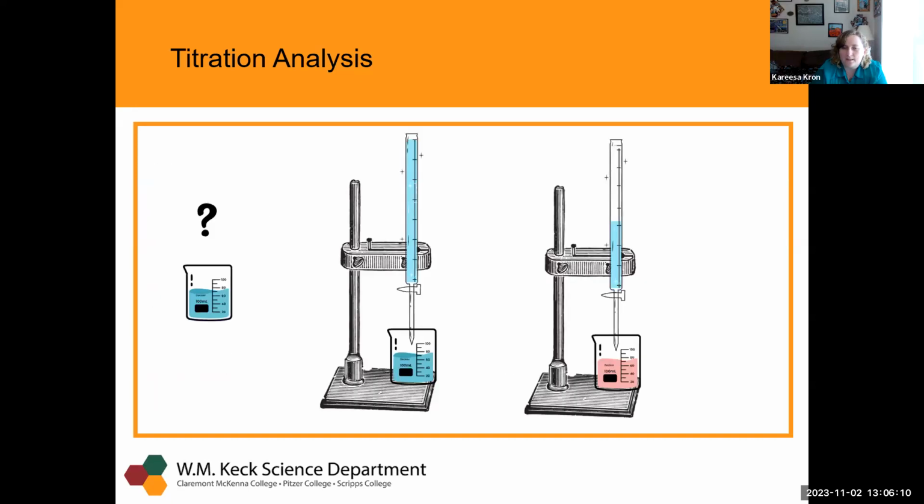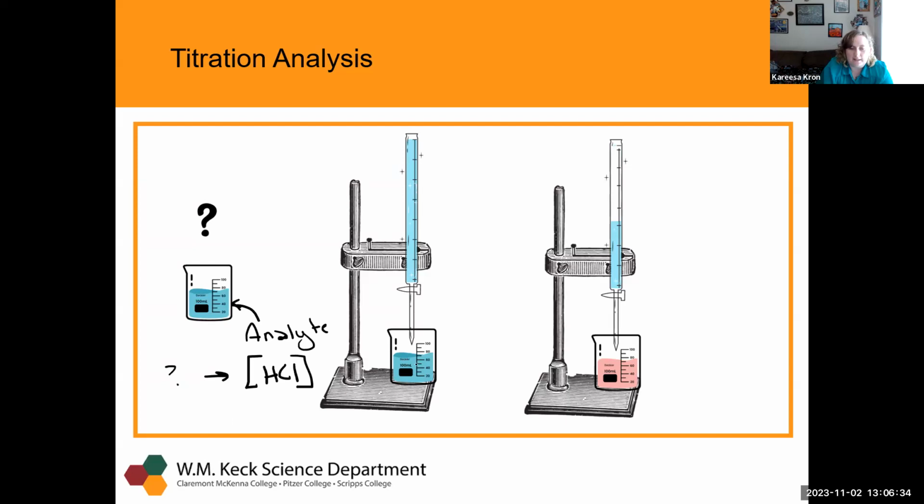What this looks like in lab is we have some mystery solution, our analyte, which could have some concentration of HCl. That's all we know about it. But what we want to know is, what is this concentration? How do we describe it?